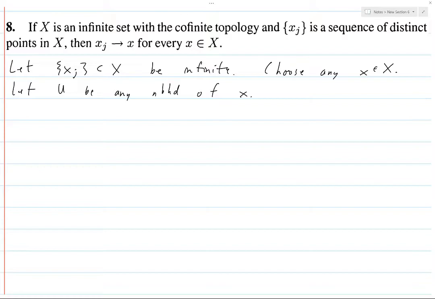So I like to assume I'm always dealing with open neighborhoods so that I can skip that extra step of taking the interior of the neighborhood to get the open set I'm looking for, because that's what I want to work with. Okay, so let U be any open neighborhood.